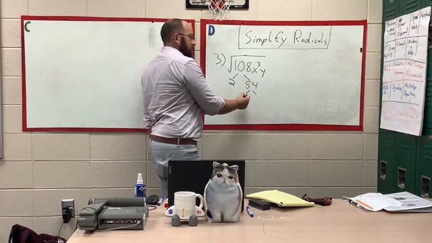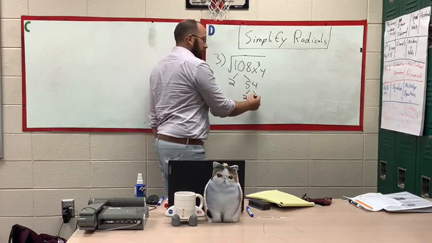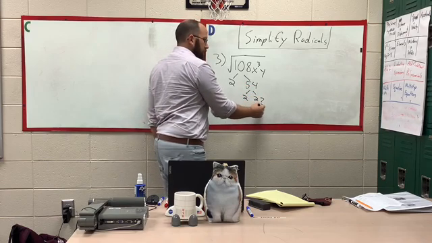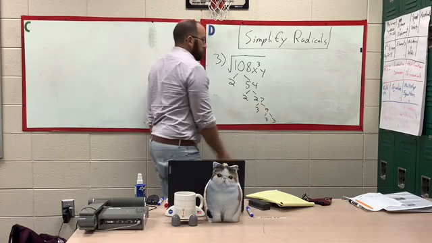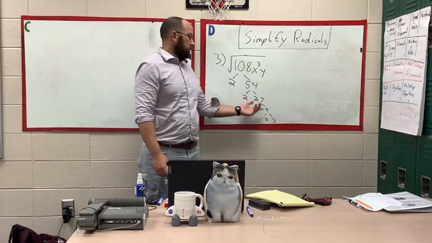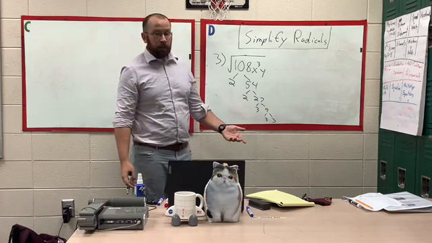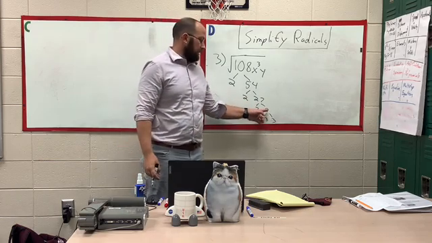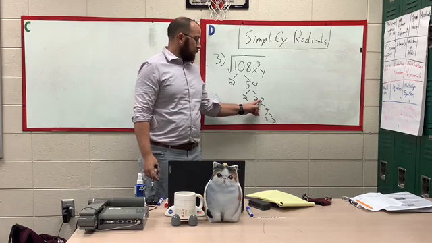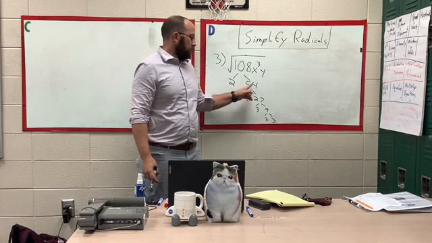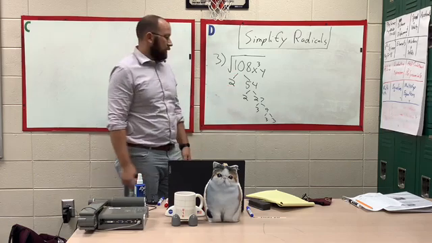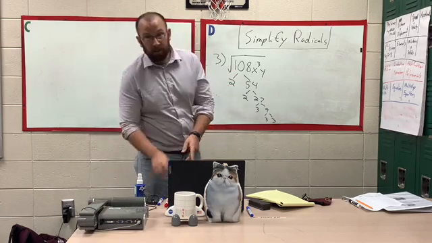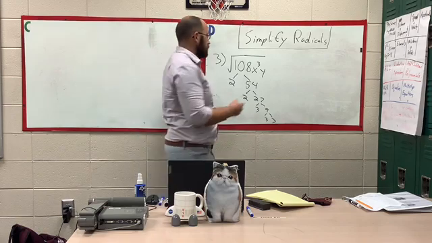Of course, that's even, so 2 and 27, then 3 and 9, 3. It's just broken down. So if you really want to check it, you could do 3 times 3 is 9, 9 times 3 is 27, 27 times 2 is 54, 54 times 2 is 108.